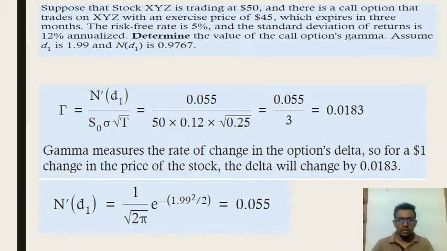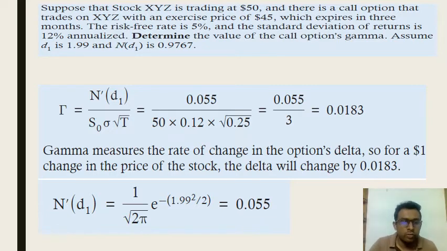The difference between N dash d1 and N d1 is that N dash d1 has a separate formula. Using that formula, we get a result like 0.055 for this specification.